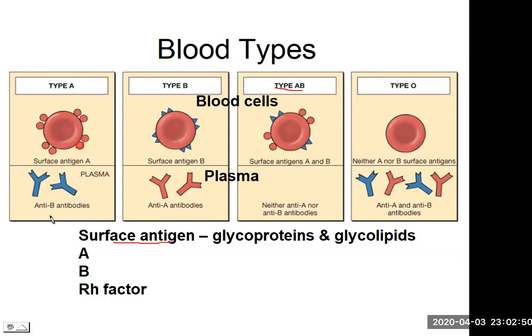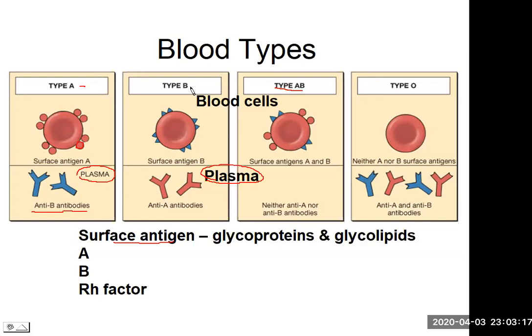Now next we want to discuss the plasma itself. Keep in mind the erythrocytes are part of the formed elements, the cells, and the plasma is the fluid. Matched with each of these types, the plasma of a type A person, their body is developing anti-B antibodies.